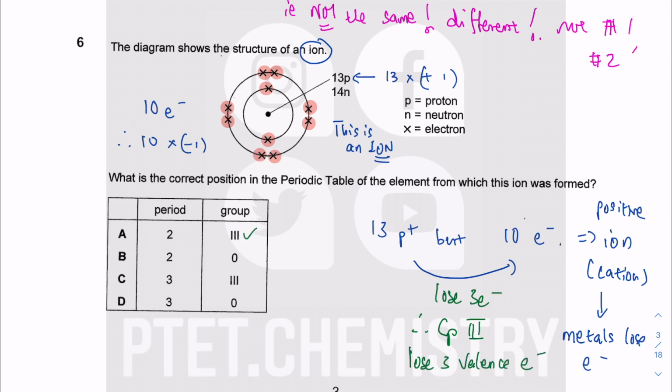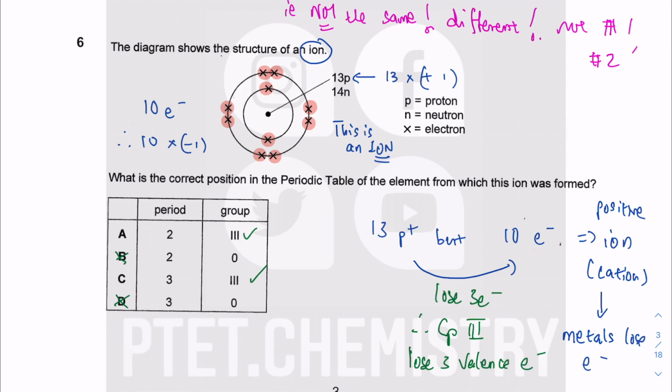So we're definitely looking at group 3, not group 0, because this is the resulting ion that is fully filled outer shell. By reading the question, by underlining, by not getting tricked, because you keep your eye open for all this kind of danger, because you have done enough practice, because you know the exam skills, you won't be tricked easily like this. Now, in terms of period, which period are you from?